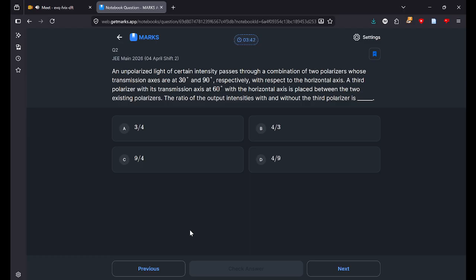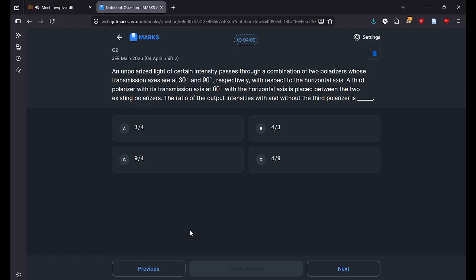Now again the light ray has to pass through another polarizer. With respect to the horizontal axis, P2 is making an angle 90 degree.